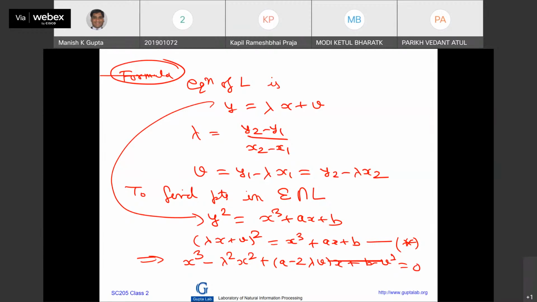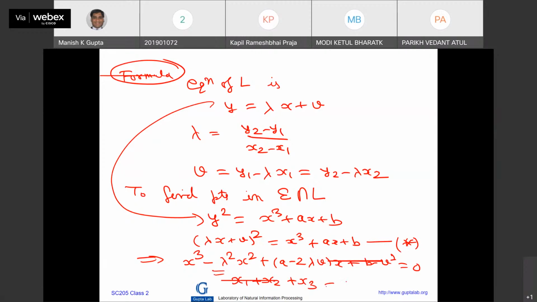So basically, if x1 and x2 are distinct real points, you know that the third point will also be real. If 2 roots of a cubic equation are real, the third root will also be real. And we know the sum of the roots: if I apply the formula, x1 plus x2 plus x3 is equal to minus times this quantity.